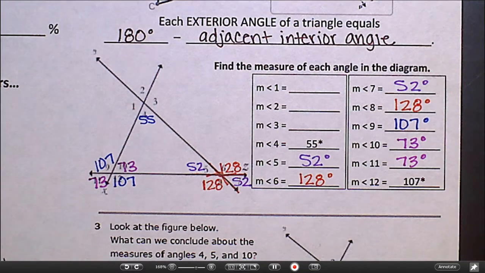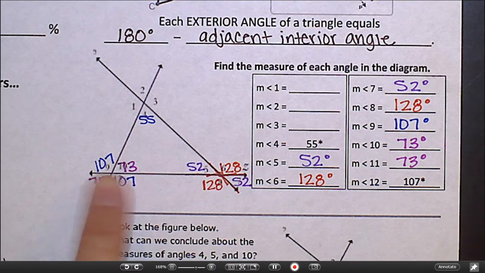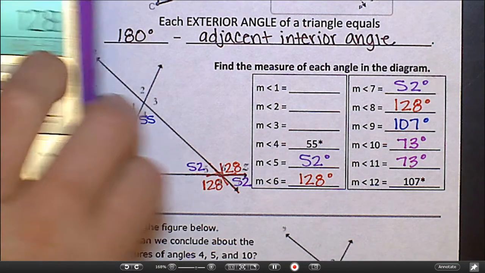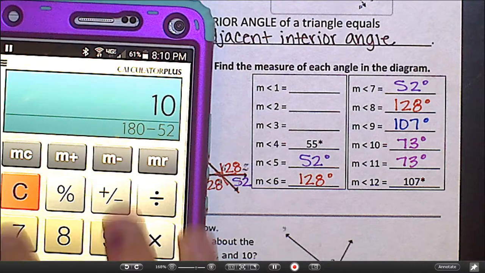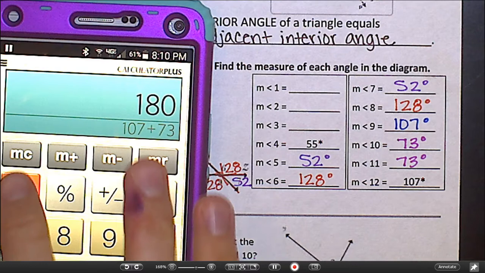Now we can test that by knowing these two angles are supplementary because they're next to each other. It's an exterior angle and an interior angle. And if I add those up, 107 plus 73 gives me 180, so it's correct.